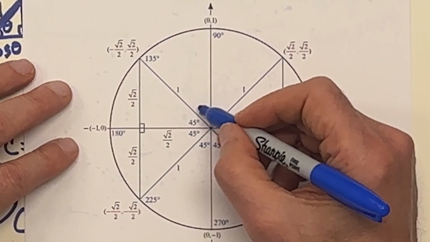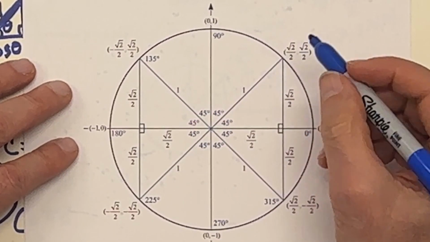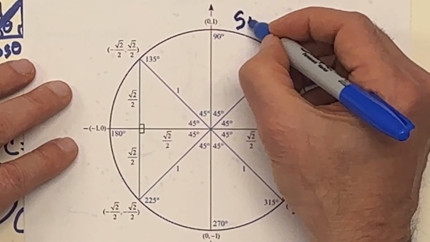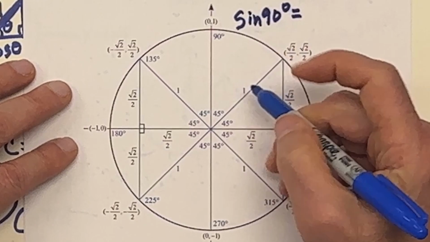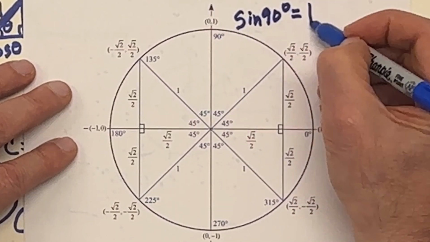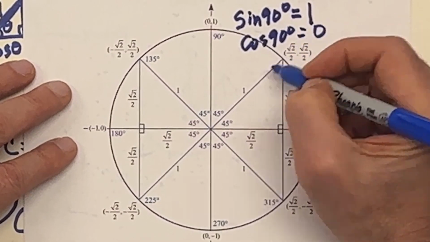And we could have the 135, and we can do a lot of it. Actually, the 90 is an easy case because the sine of 90, if we look at this, as this triangle goes more and more like this, more and more like that, the sine becomes 1, and the cosine is 0.